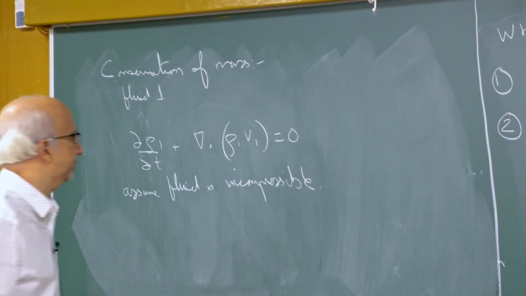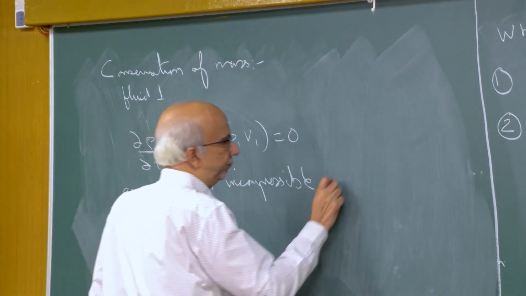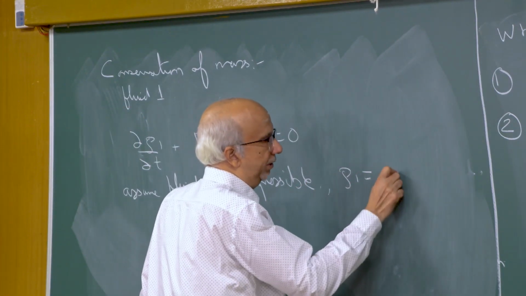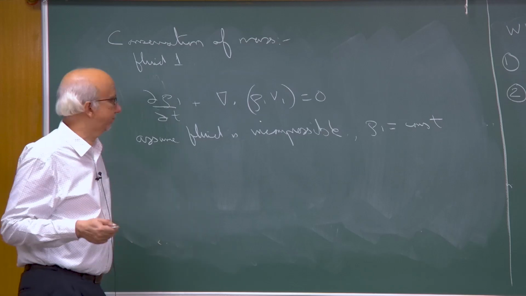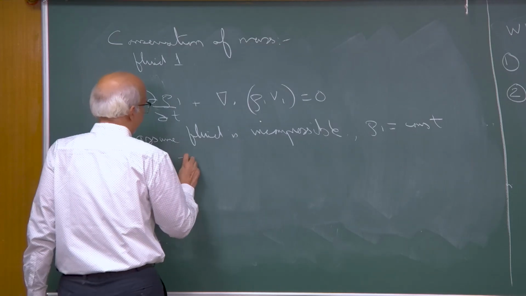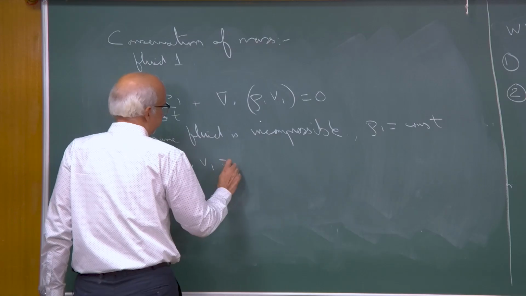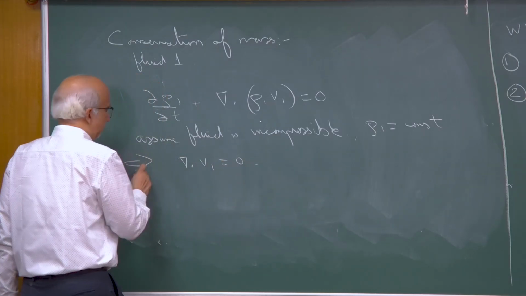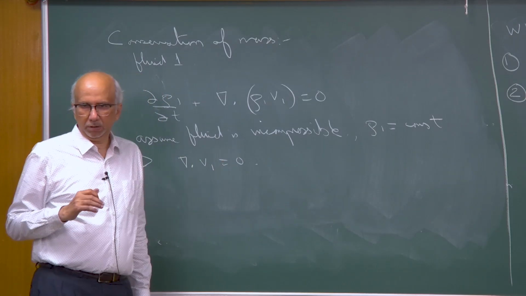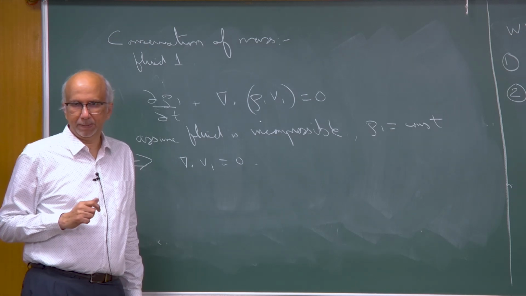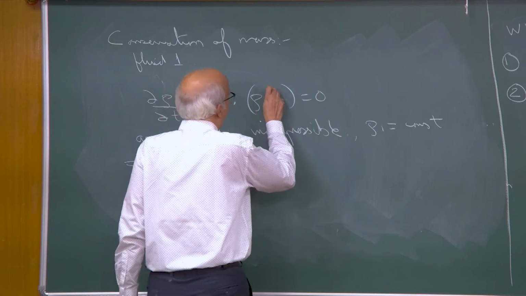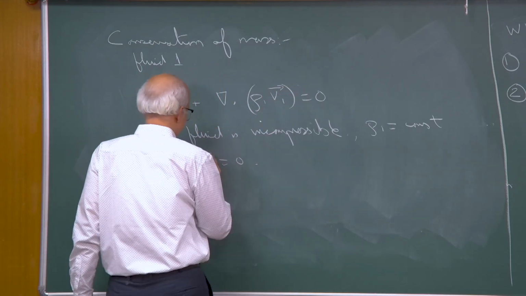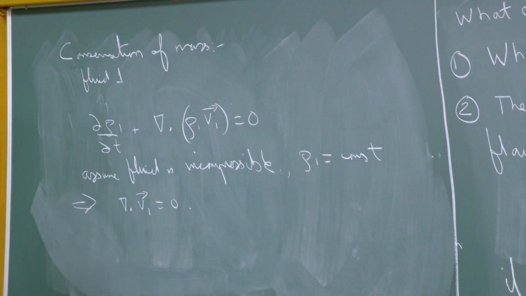So, rho 1 equals constant. What is rho 1? Density of the first liquid, it could be water. I get divergence of V1 equal to 0. I must be careful, so I am going to put an arrow mark here to tell you that this is the velocity vector.